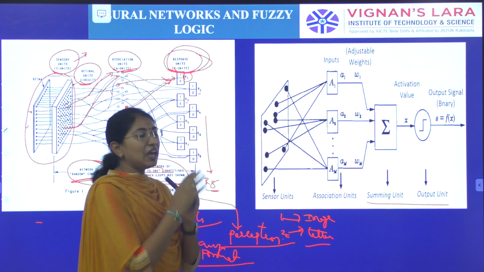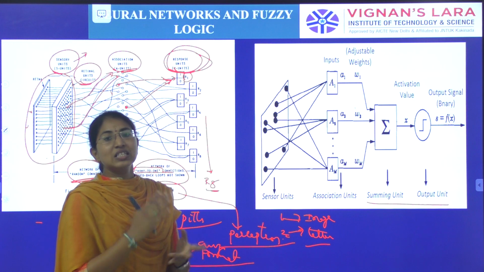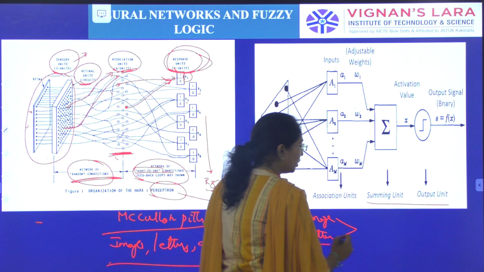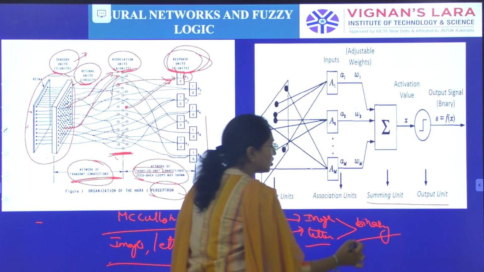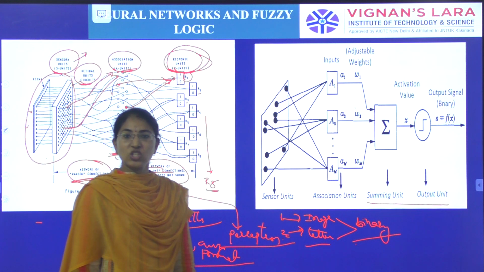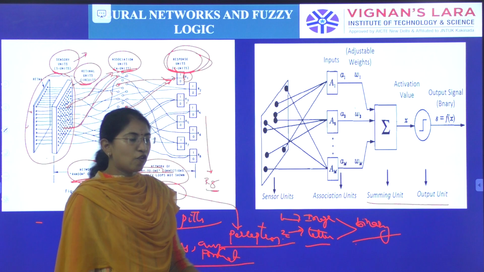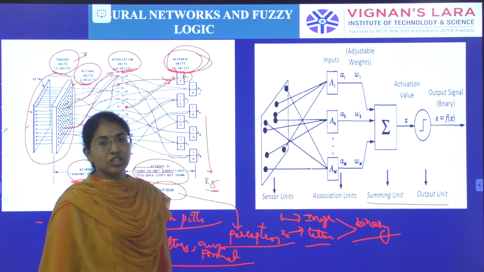Now, that image and letter are both converted into the same format, nothing but binary format. Both the image and letter are converted into binary format in the response unit.